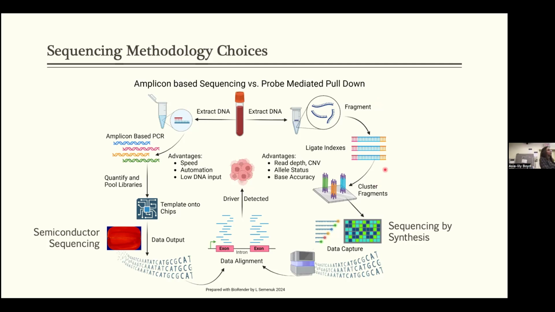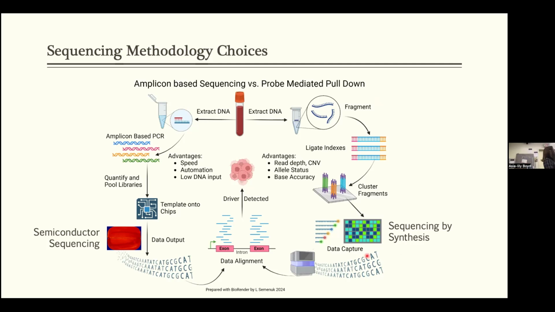Then it's clustered onto a glass flow cell in the sequencer. This flow cell then undergoes sequencing by synthesis, which is a fancy way of saying the nucleotides are fluorescently labeled. As the nucleotides are incorporated into the growing strand, a fluorescent color is released and interpreted by the computer. Then the computer aligns that data to detect the driver.